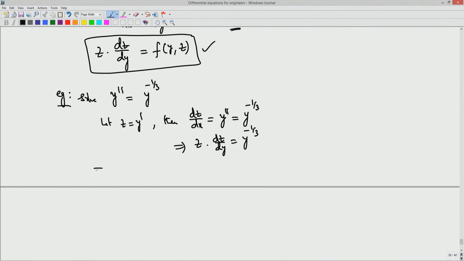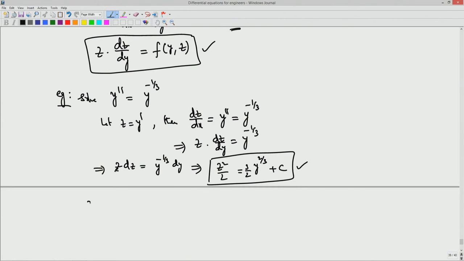So, this will solve, z dz I can integrate directly. So, y power 1 by 3 dy. So, how do I integrate? This will give me z square by 2 equal to y power 4 by 3 divided by 4 by 3, plus an arbitrary constant. So, this is my general solution.